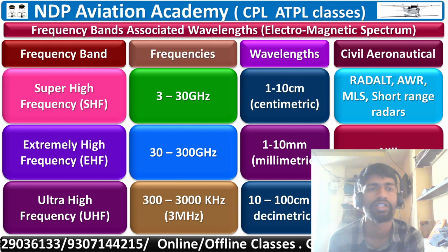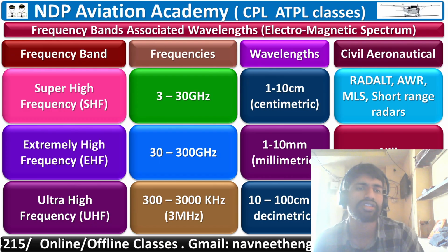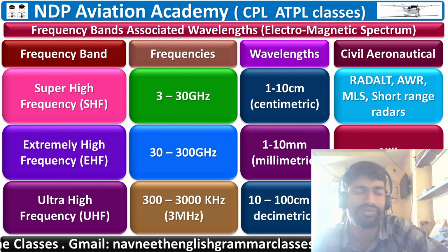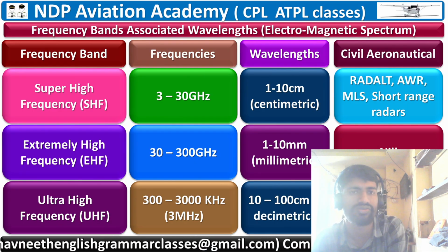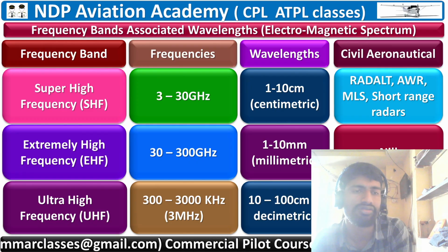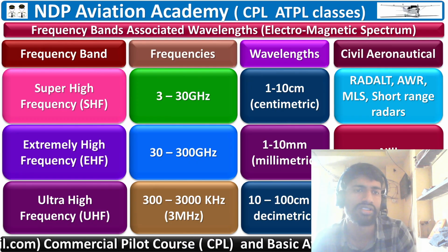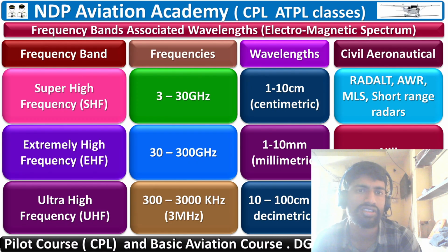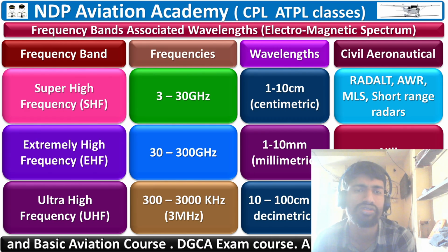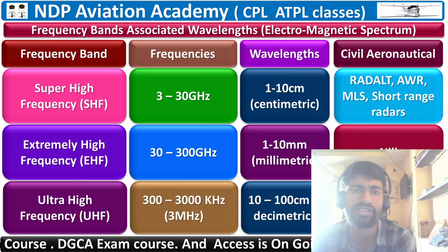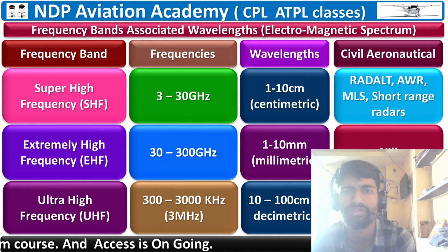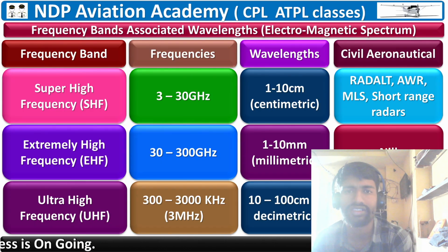Don't worry. Super high frequency, you can call in short SHF. It starts from 3 gigahertz and ends at 30 gigahertz. And how much wavelength? 1 to 10 centimetric.